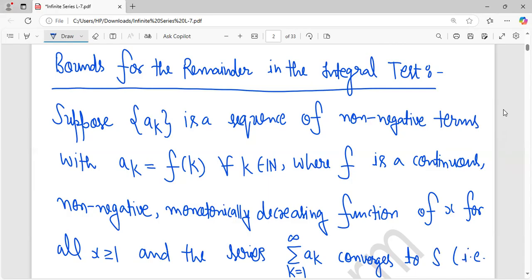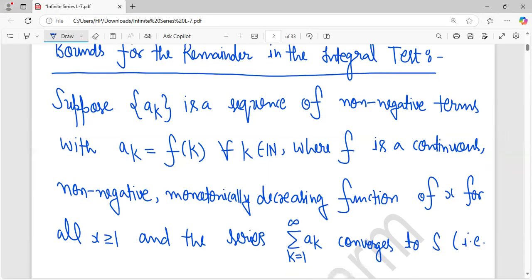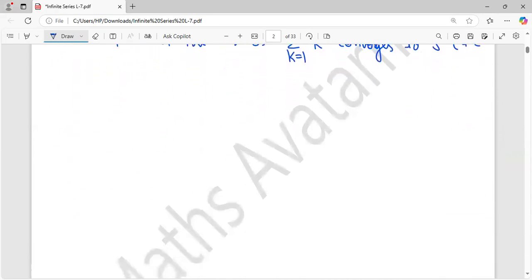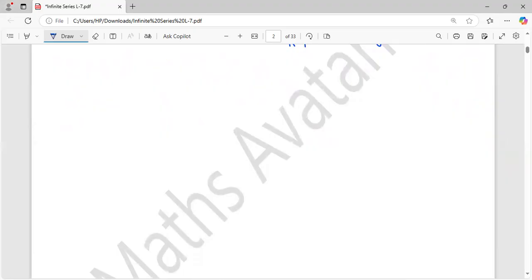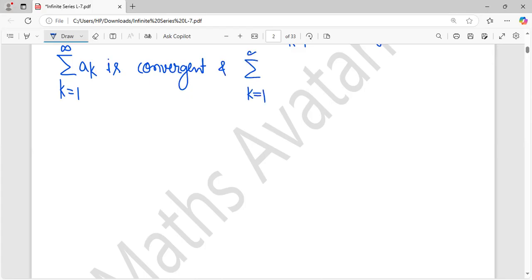It means this series, summation k goes from 1 to infinity a_k, is convergent, and summation k goes from 1 to infinity a_k is equal to S.